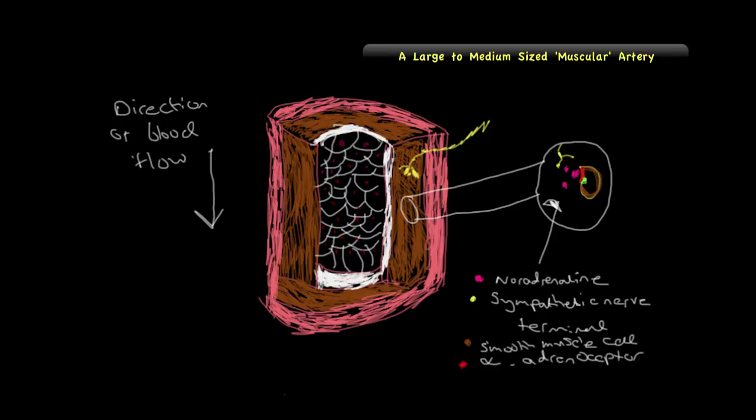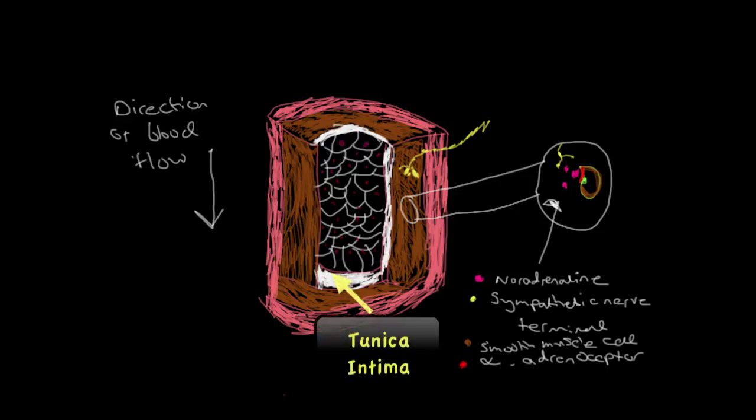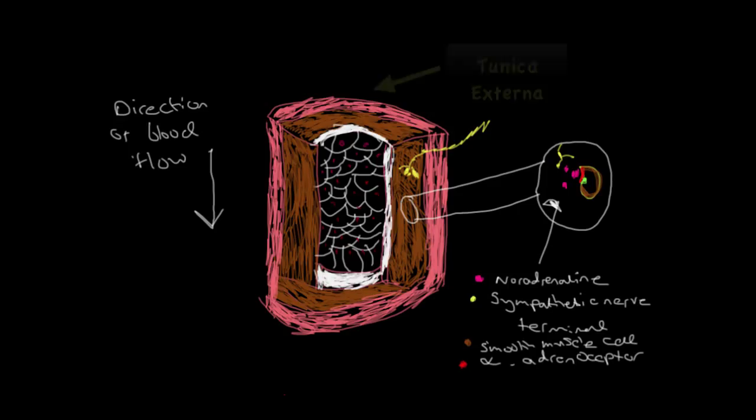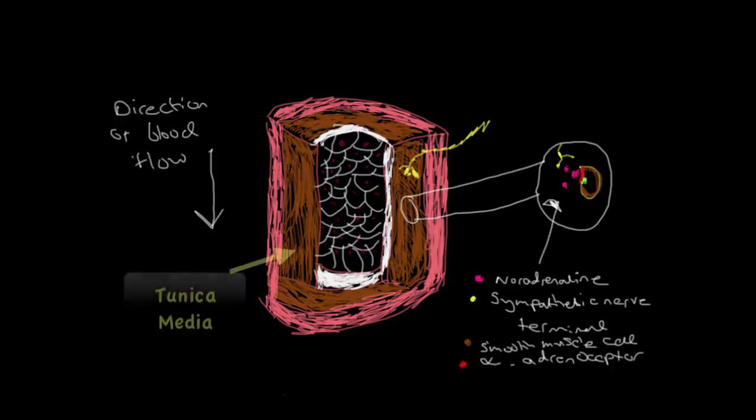So for some background, we have three layers to our generic, large to medium-sized artery. The tunica intima, or innermost layer, the tunica externa, or outermost layer, and perhaps the most important layer in terms of the alpha adrenoceptor, the tunica media, which is the middle layer, consisting of smooth muscle cells, among other things.